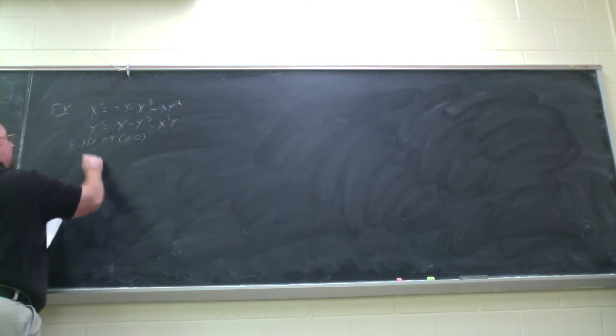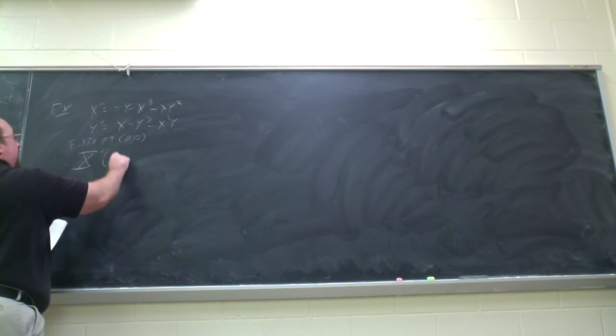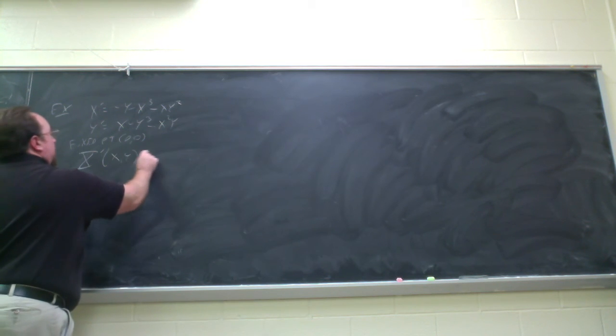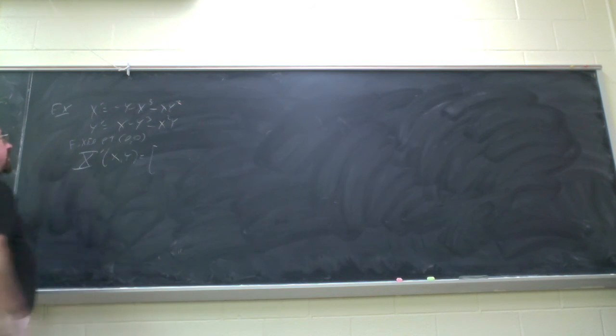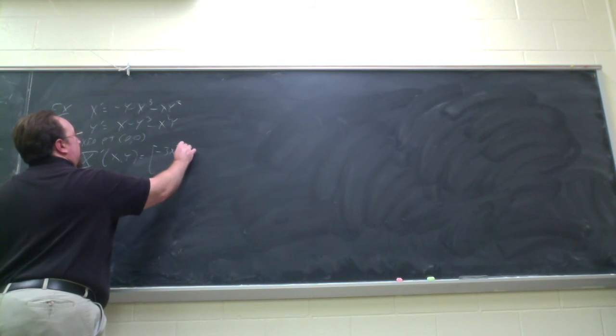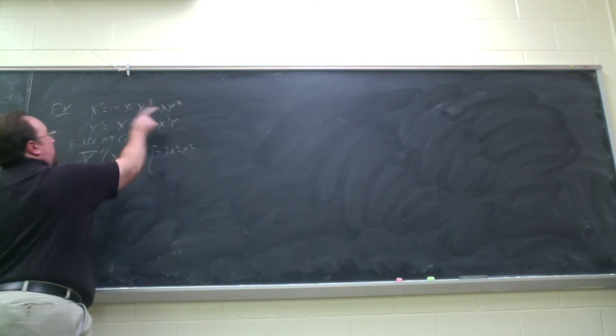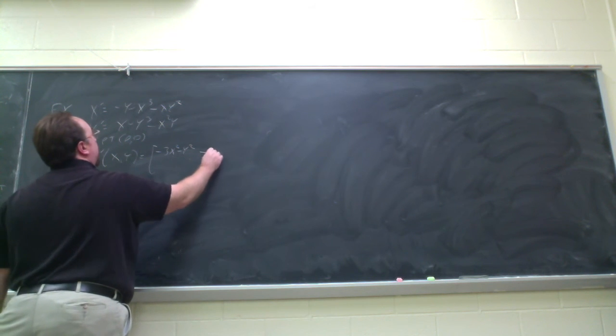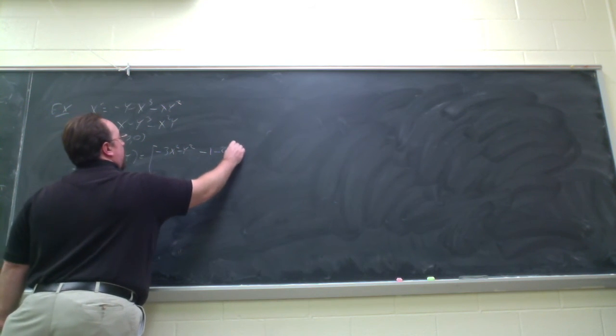Okay, so then you look at the Jacobian of this system. You take x prime and differentiate the right side with respect to x, and you get minus 3x squared minus y squared, and then with respect to y, you get minus 1 minus 2xy.